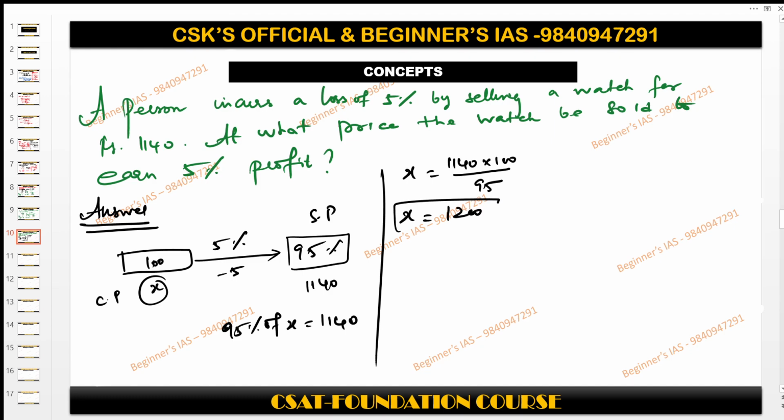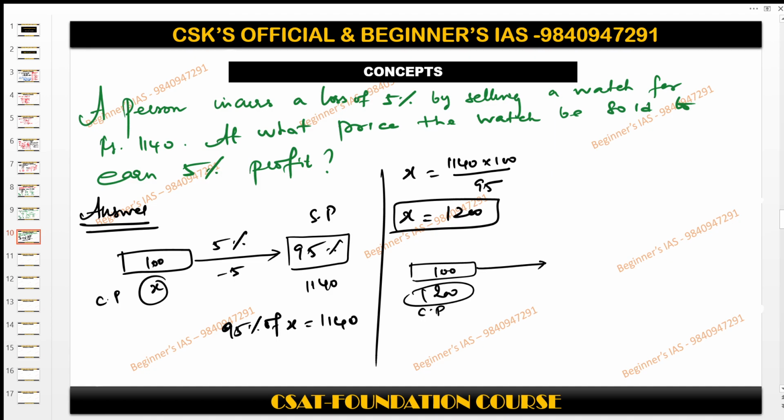So now you know the cost price. Now you need to find out at what price the watch should be sold. You need to find out the second one. So now this is the cost price, so now this is 100. Now here 1200 is nothing but the cost price.